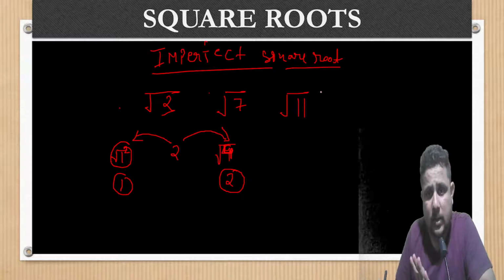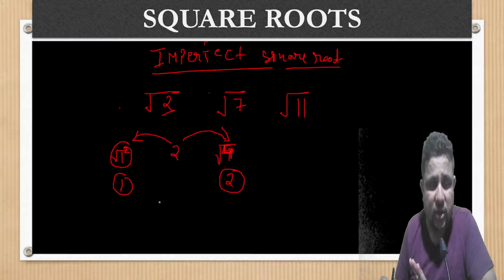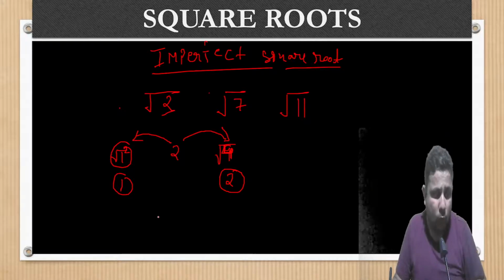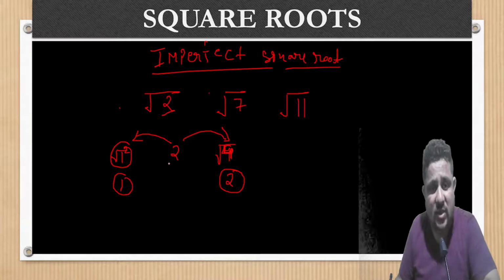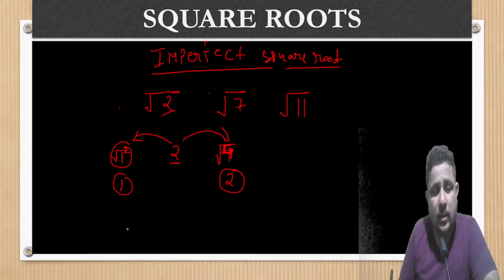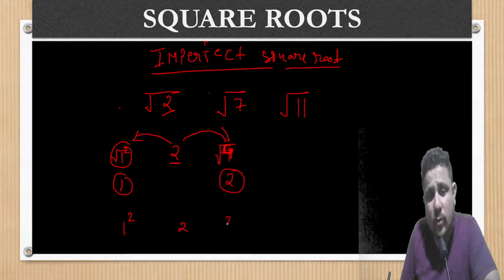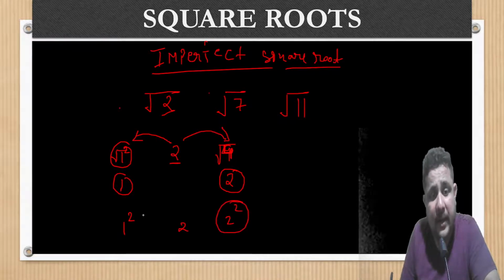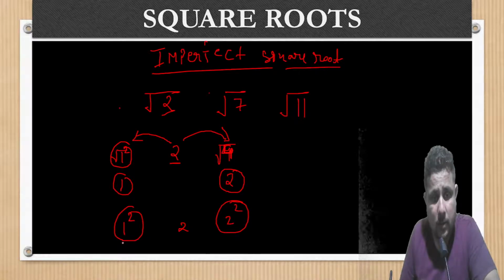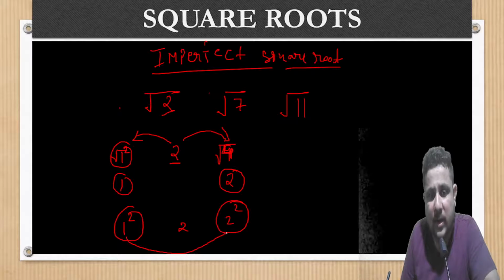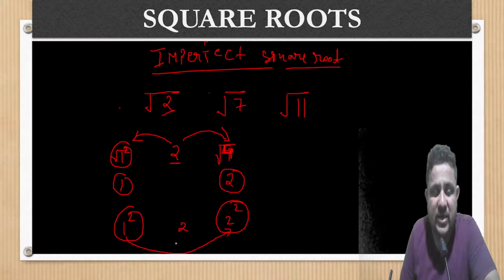Okay, now here the trick is, you just need to go with the flow. This 2 is lying between the square of 1 and the square of 2. Am I correct? If you want to move from one perfect square value to another, how much do we need to travel?